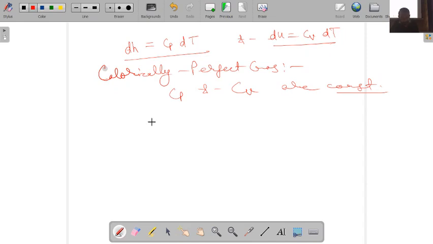Okay, and we know that H is equal to U plus PV. Okay, dH will be equal to dU plus PdV plus VdP. Okay, so this we will be getting over here.